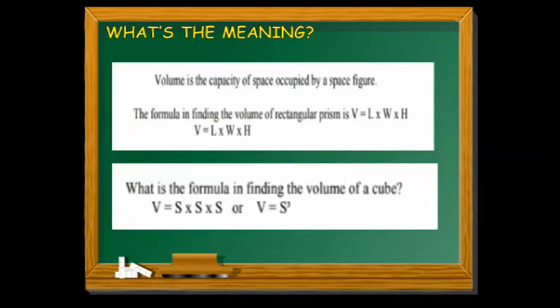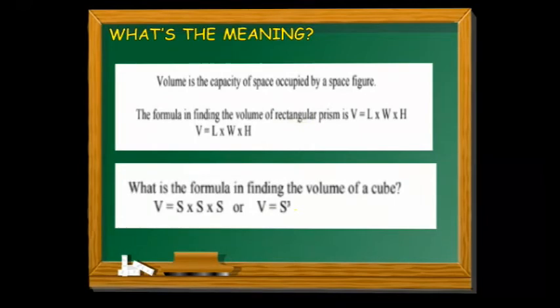Again, the formula in finding the volume of a rectangular prism is V equals length times width times height, or V equals L times W times H. For the volume of a cube, the formula is V equals S times S times S, or volume equals S to the third power, or S cubed, meaning multiply it by itself three times, and that is going to be the answer. Let's have more exercises.